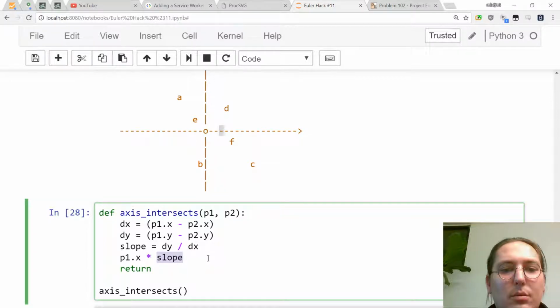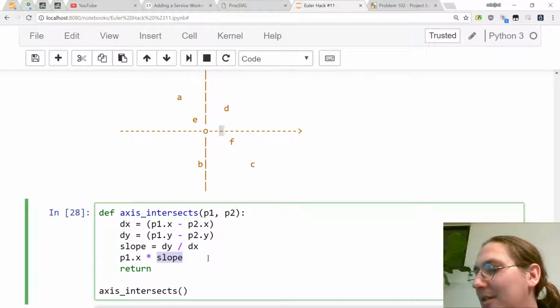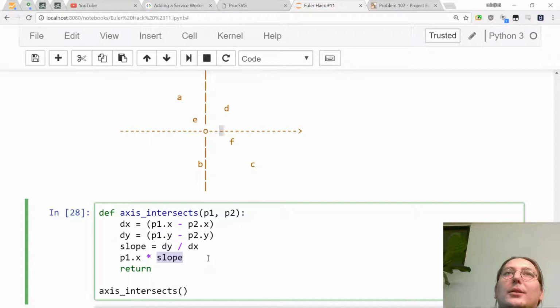Maybe I can explain it like this. You have two points, for example A and B. So this is one way to check the intersection. So we compute the slope, as we did there, like y minus y over x minus x.